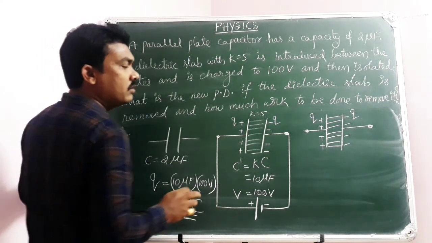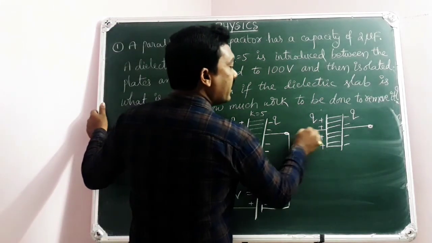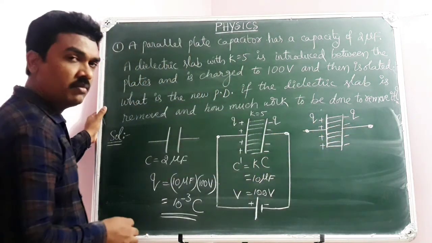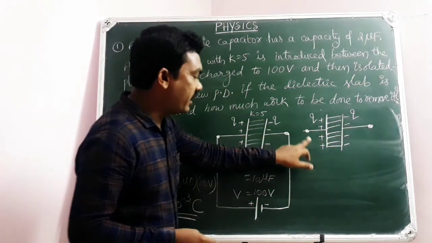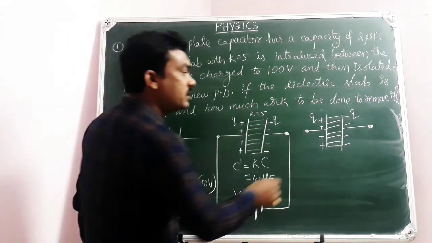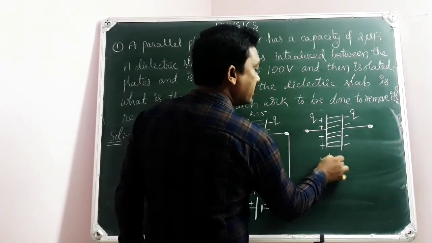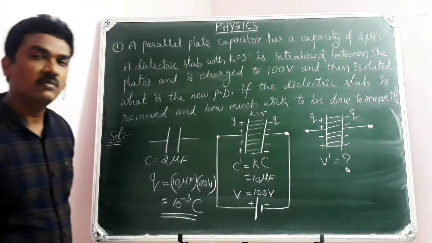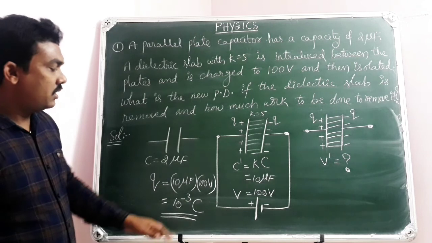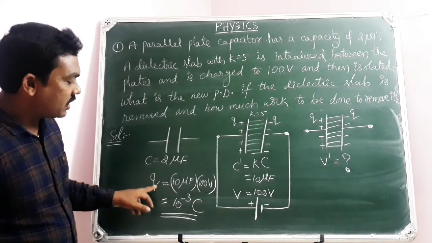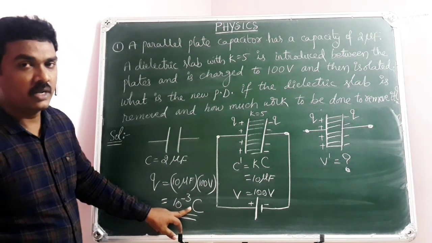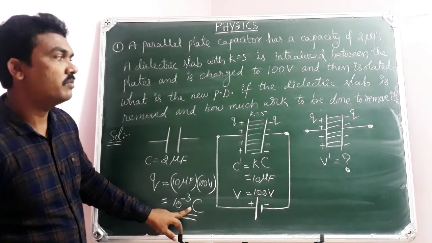Whenever you expect the charge to remain the same, because the battery is disconnected, you need to calculate the new potential difference V dash. How much charge is there? 10 power minus 3 coulombs.